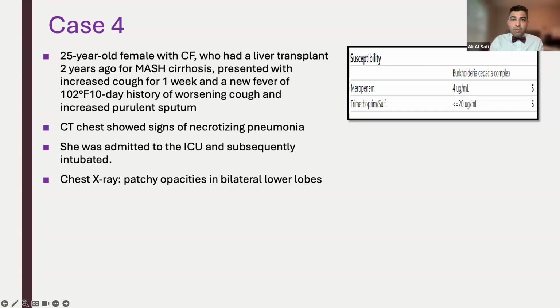So when we dug through the chart and asked her family, apparently she had some nausea. We tried combination therapy of meropenem and Bactrim, and the patient improved significantly. But in this case, she had cepacia syndrome, which I'm going to talk about in the next slides, which requires further treatment of antibiotic for a longer duration.